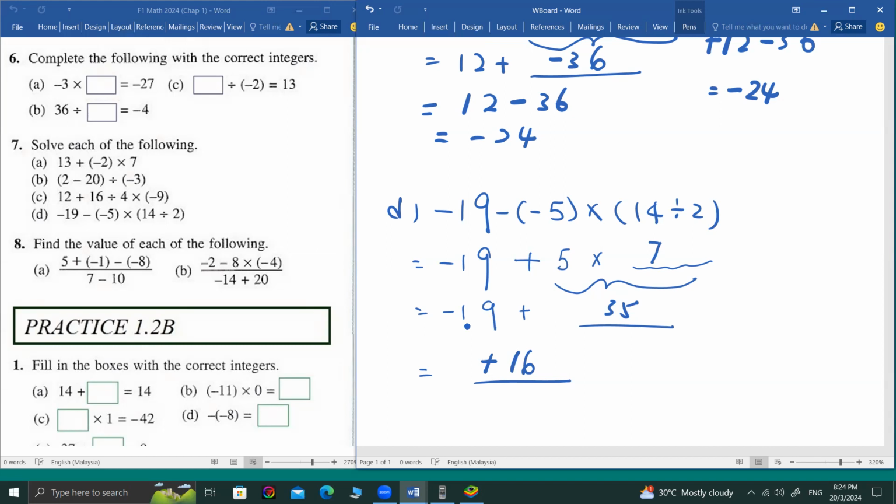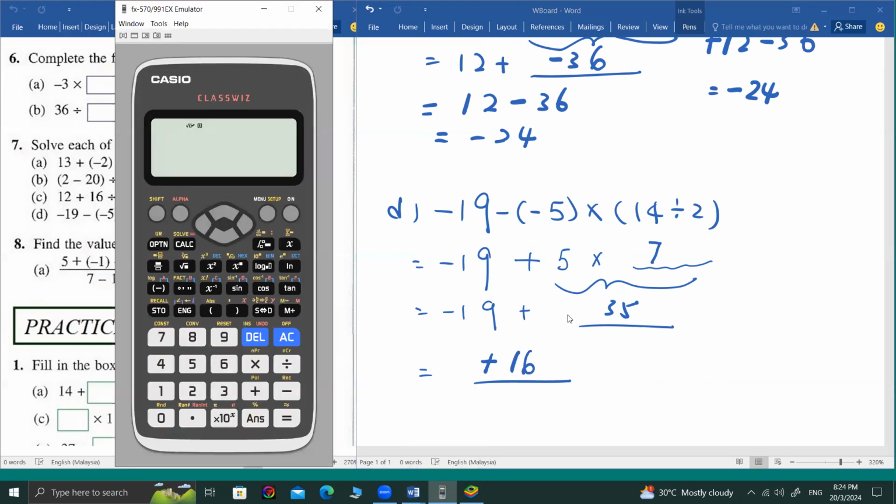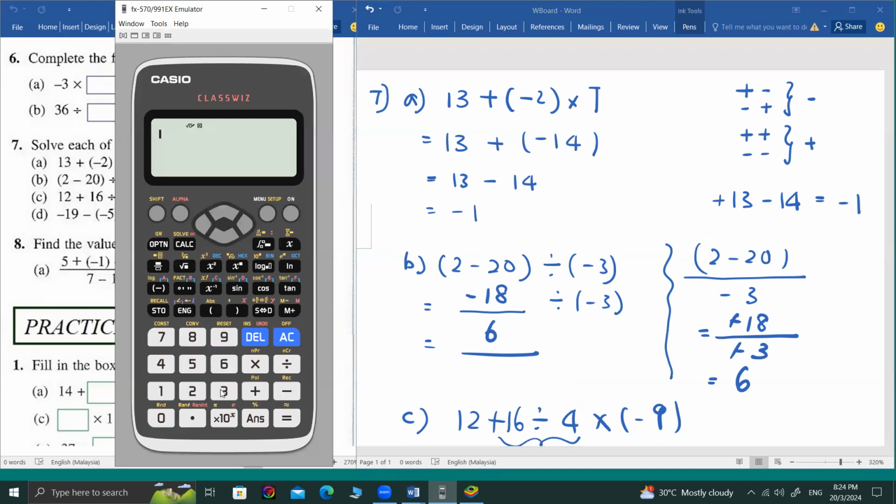Got it? Now, of course, if you want to apply a calculator, you just go direct there. 13 plus, then you just put a bracket. This is for checking, if in objective or what, right? Then times 7. Then you can check negative 1. When you do the solution in objective, you can go direct to your calculator.